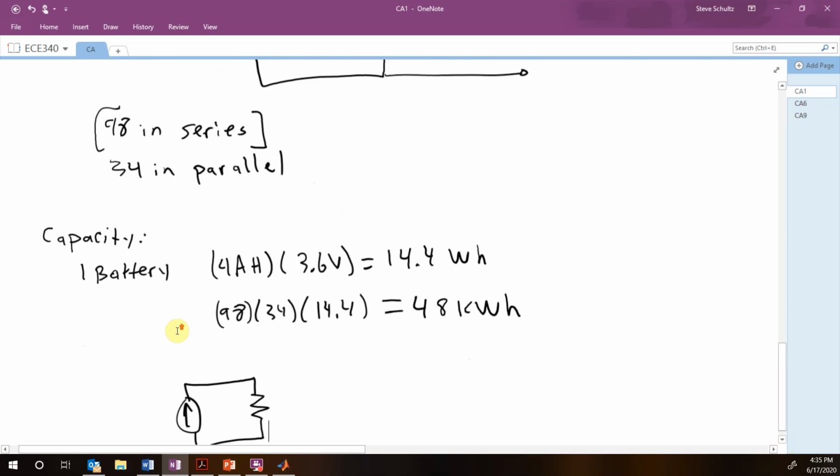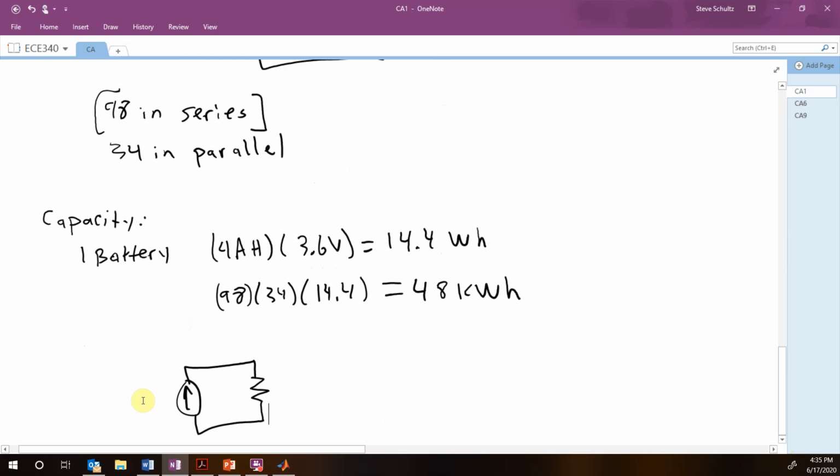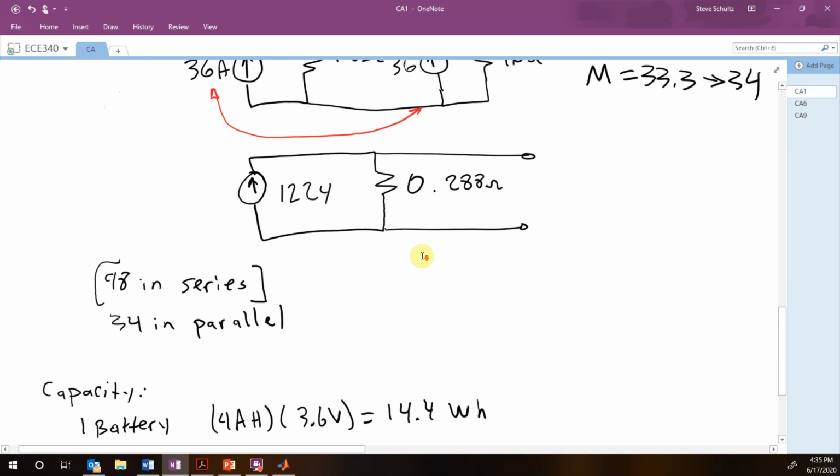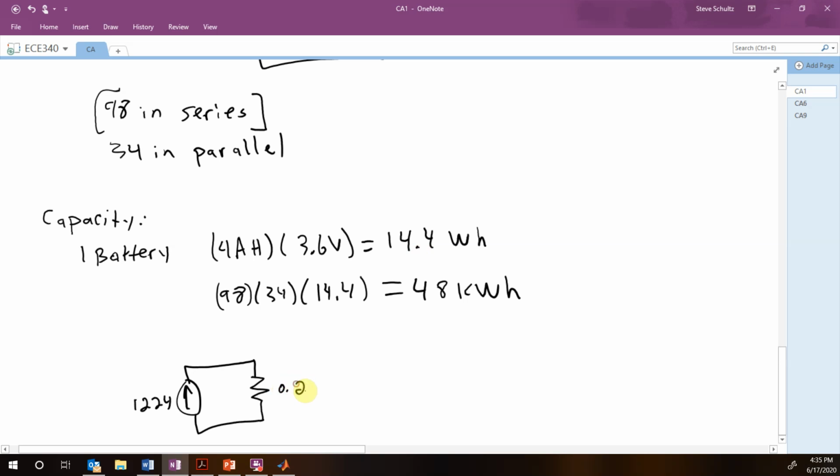So this is 1224, and this is 0.288 ohms. We are going to put a matched load to get maximum power transfer, 0.288 ohms.